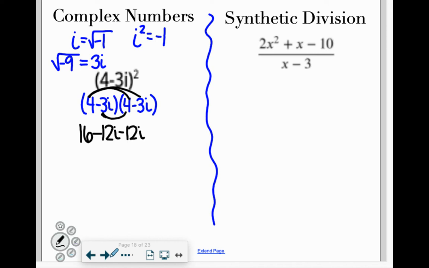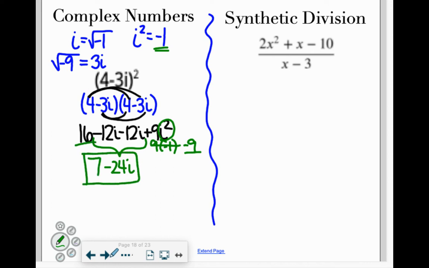And then -3i times -3i is +9, and then I times I is I squared. The middle part is pretty straightforward. -12 and -12 make -24i. But this I squared is -1. That makes this -9. And -9 plus 16 is 7. That's it.